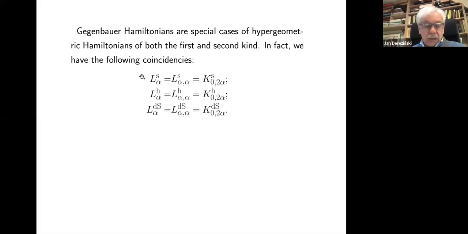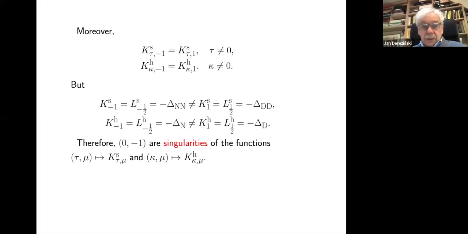So there are relations. There are also curious relations which are similar to the one that I mentioned for the Whittaker Hamiltonian. Here they are. So again, you have some strange singularities of these holomorphic functions.